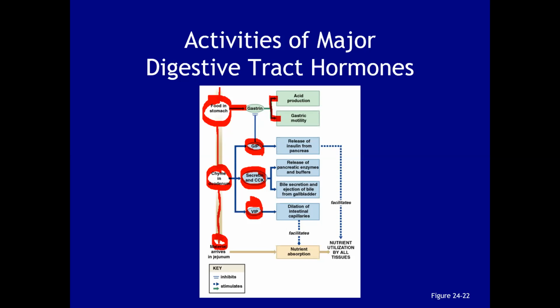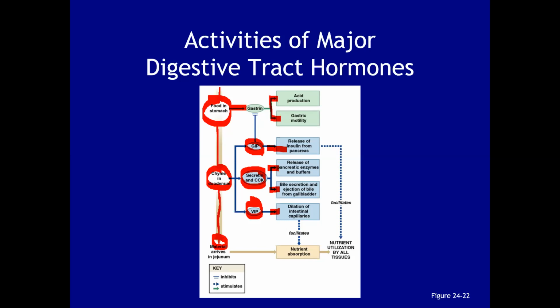And so each one of these hormones has a different job. The GIP, insulin release. Secretin and CCK, enzyme and buffers, and then bile secretion. VIP, dilation of the intestinal capillaries.